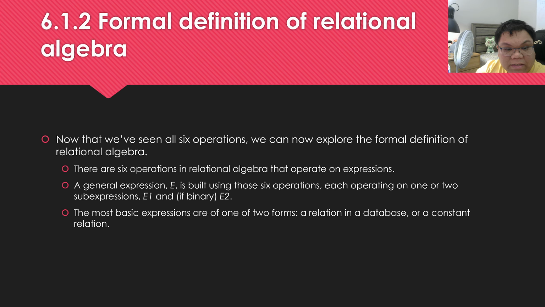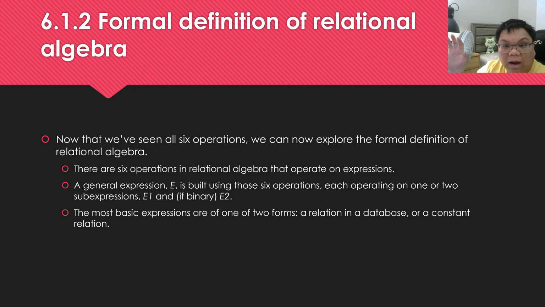A general expression E is built using any of the 6 operations, each one operating on 1 or 2 sub-expressions, E1 if it's unary, and also E2 if it's binary. The most basic expressions are going to be one of 2 forms, a relation in a database or a constant relation that I'll have to show you what that means in a little bit.